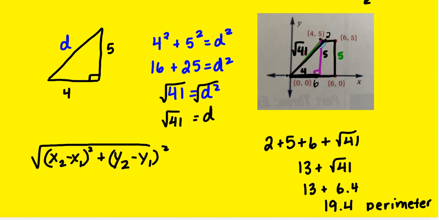And y2 minus y1 is this distance from 0 to 5. Then we squared them, and then we took the square root. So the distance formula is just a quick shortcut. But again, it is a formula you have to know. But I'll expect that you guys feel comfortable with one of these two ways.